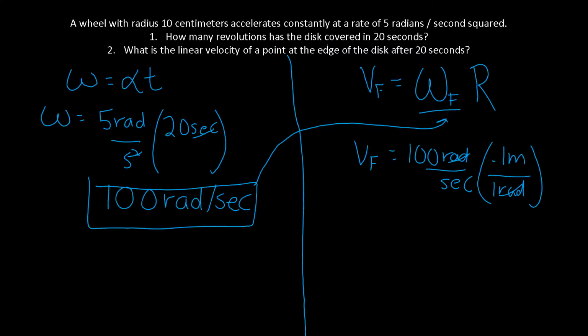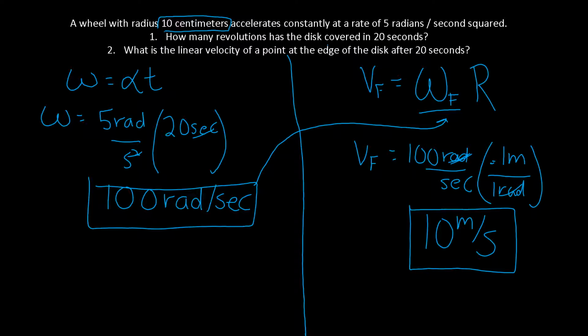We can do that because we have the information of 10 centimeters, which is equivalent to 0.1 meters, and we'll add radians down there so that our radians cancel, and that will give us 10 meters per second as our answer to part 2 of this problem.